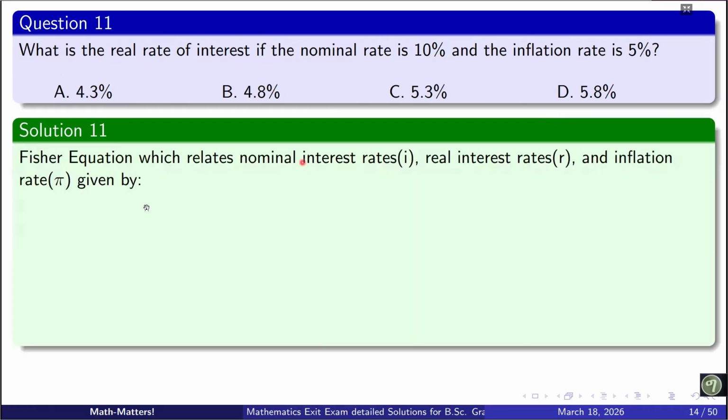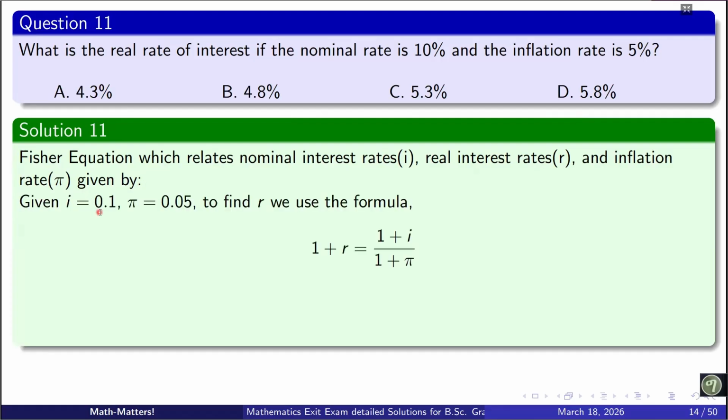Using the Fisher equation, which relates the nominal interest rate, symbolized by I, the real interest rate, represented by R, and the inflation rate, pi, the formula is 1 plus R equal to 1 plus I over 1 plus pi, whenever R is the real interest rate, I is the nominal interest rate, and pi is the inflation rate.